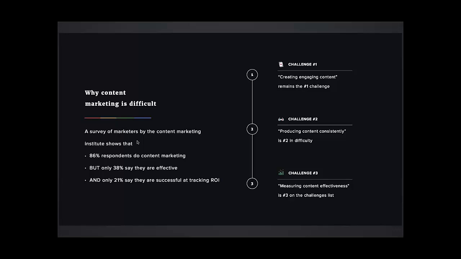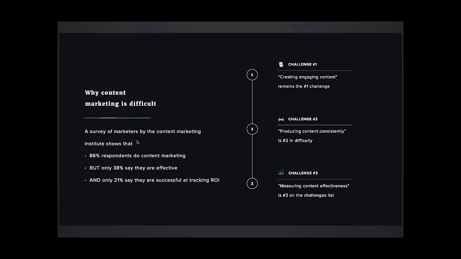Especially in this age of information overload, when all of us are bombarded with information from all directions, it becomes even more important that whatever we produce is relevant, and to measure that is to see how engaged our audience is with the content we are producing.